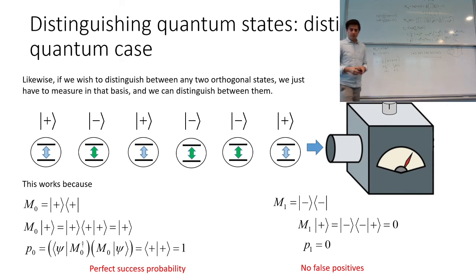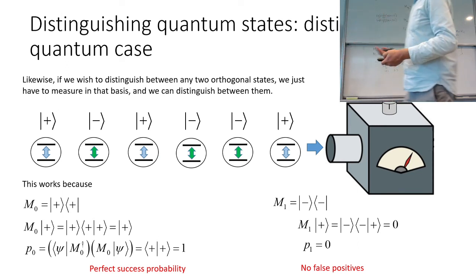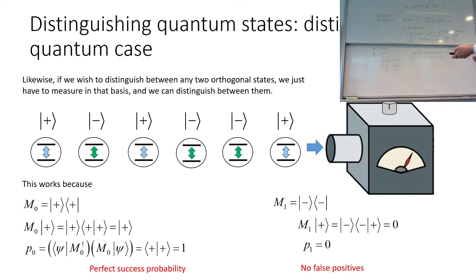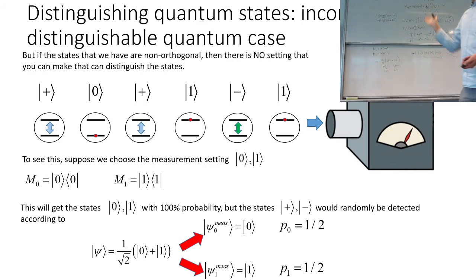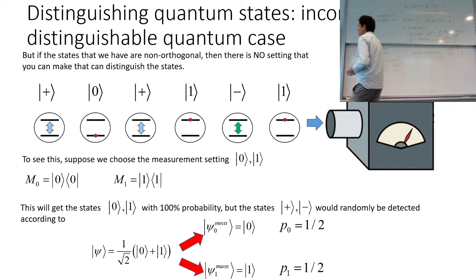So this was a case where I could still distinguish the two states, but if I have a mixture of plus and zeros and minuses, then I can no longer distinguish these states anymore because these are not orthogonal states.